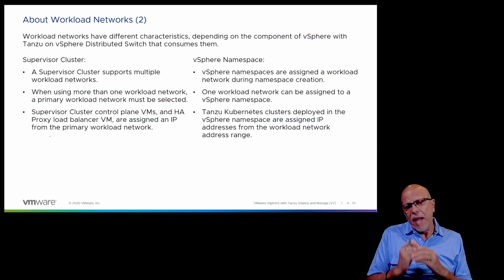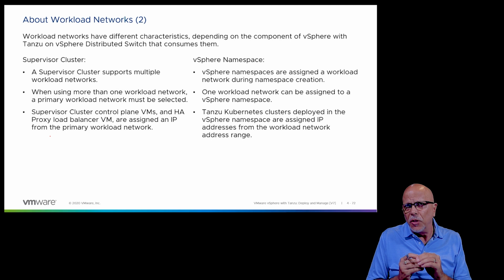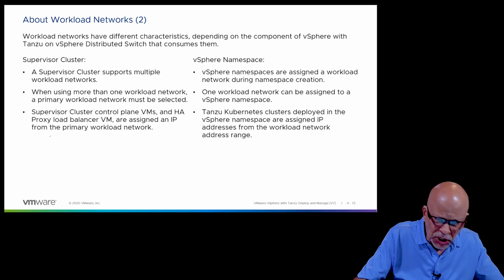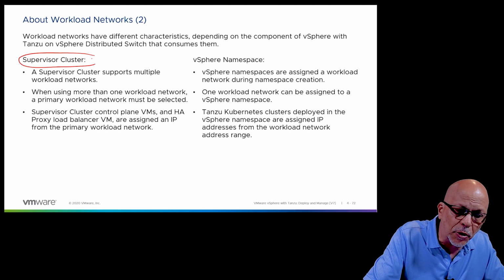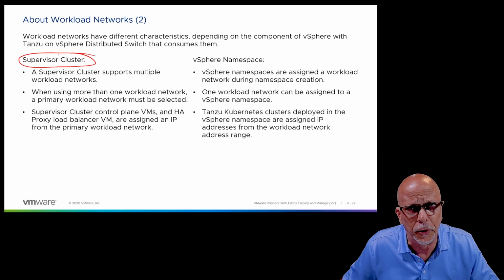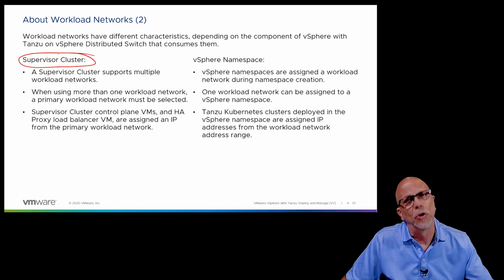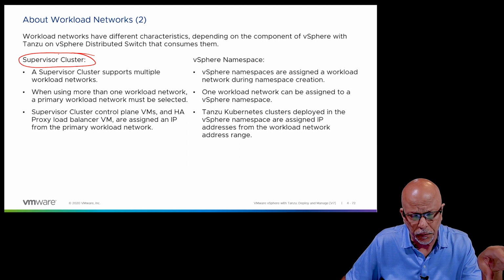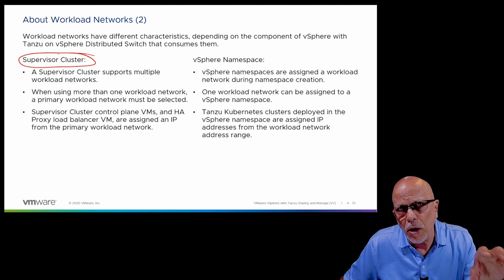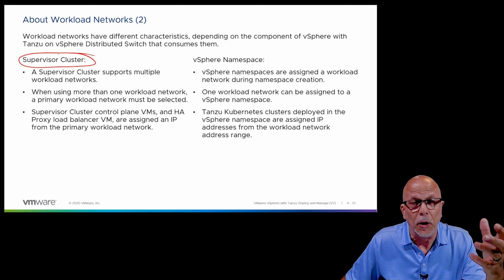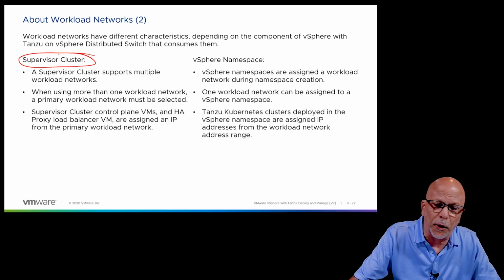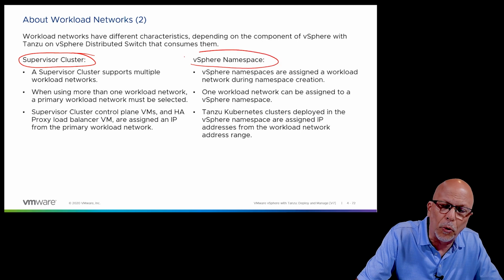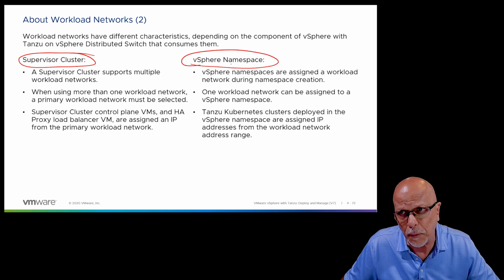Now, those workload networks are going to be consumed in two different areas. One, as I already said, it's going to be used by your supervisor cluster, and that's where your supervisor control plane VMs are going to plug into. You can also, and you will be, using those workload networks and attaching a workload network to a vSphere namespace.